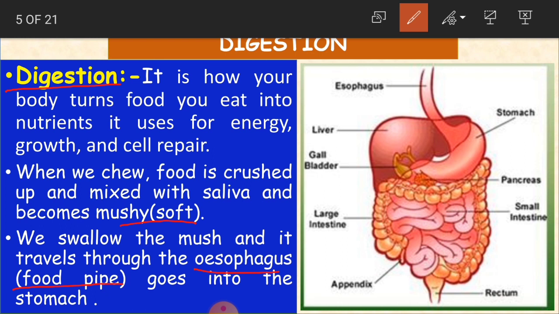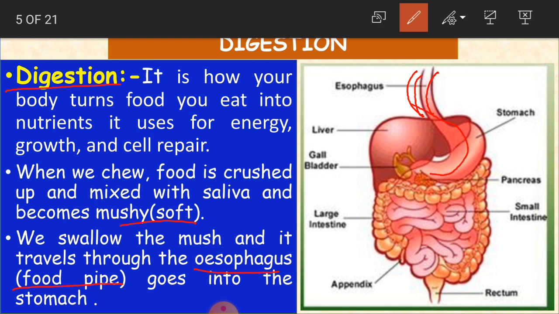Esophagus is nothing but the food pipe, and it goes into the stomach. So this is the food pipe, children, and the scientific name for it is esophagus. When we swallow the soft food, it travels through this food pipe and goes into the stomach.